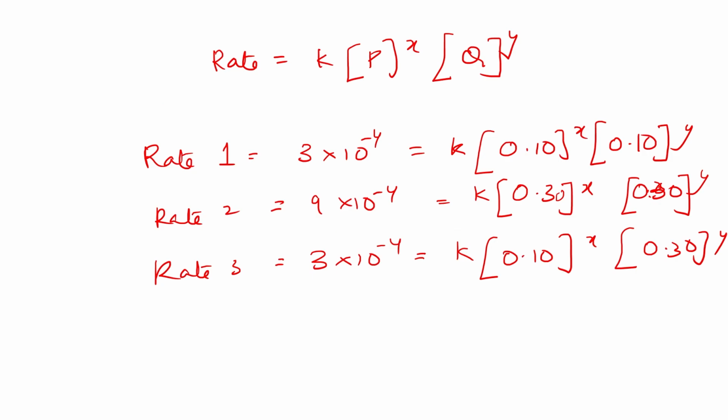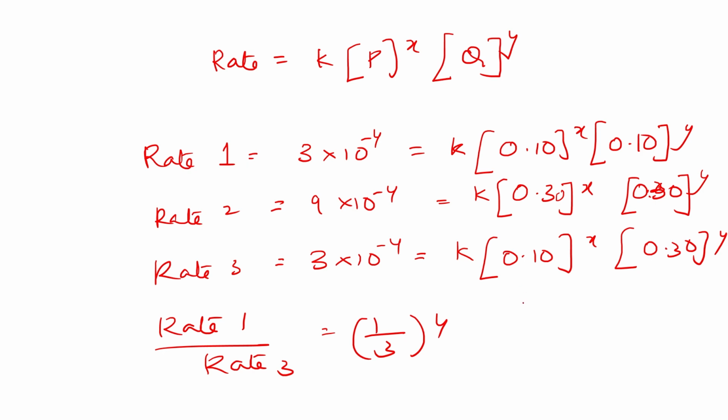I'm substituting because I have to find rate 1 by rate 3. So this is your y value, 1 is equal to 1 by 3 to the power y. Second, rate 2 by rate 3.